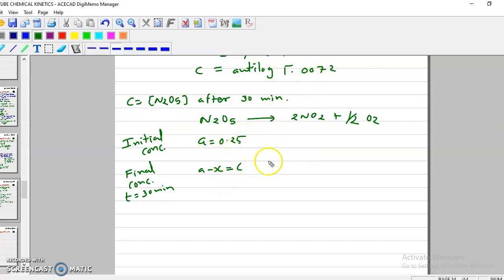At this time the concentration of NO2 will be 2x and the concentration of oxygen will be x by 2. So if you know C, then you can find out A minus C, and from this you can find out x. So x is equal to A minus C. From this you can put this value over here, and you will get the concentration of oxygen after 30 minutes as well as the concentration of NO2 after 30 minutes, and C is the concentration of N2O5 after 30 minutes.